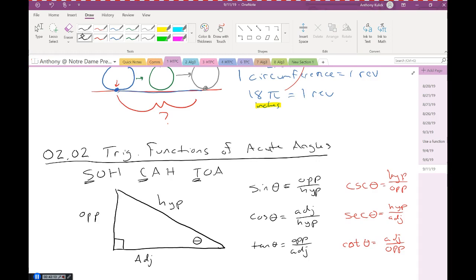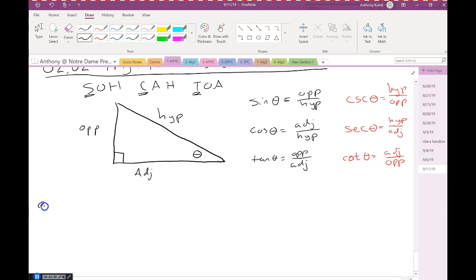So the reciprocal of sine is cosecant, and the reciprocal of cosine is secant, because the other 2 start with "co". The tangent and cotangent fit together. Everybody okay with that idea? Okay.